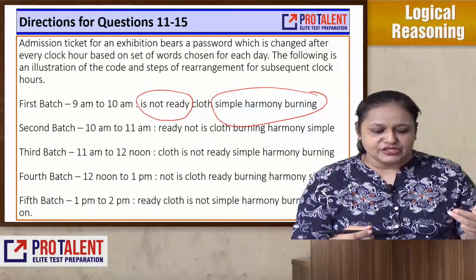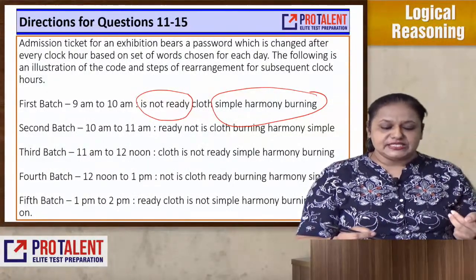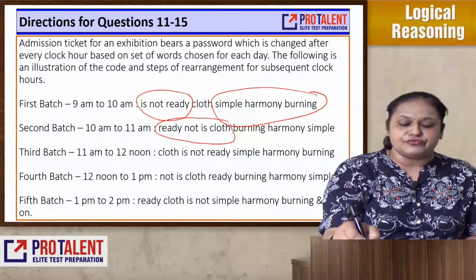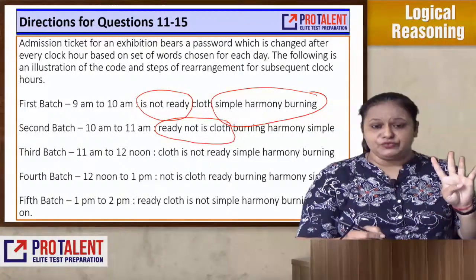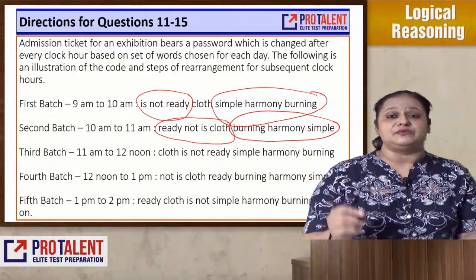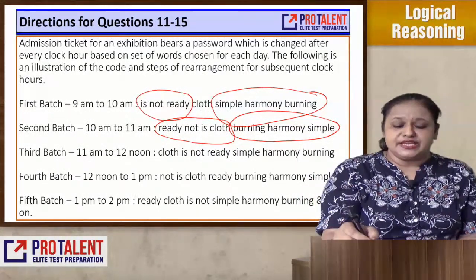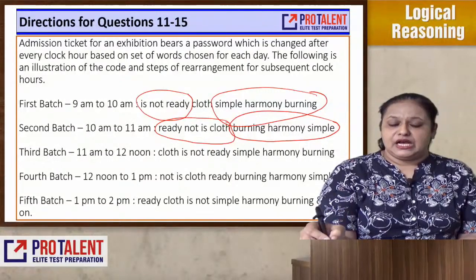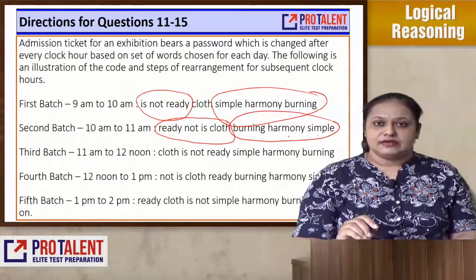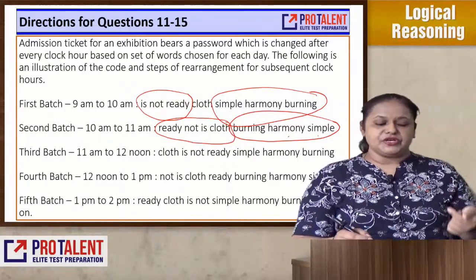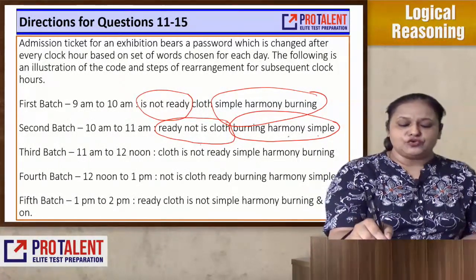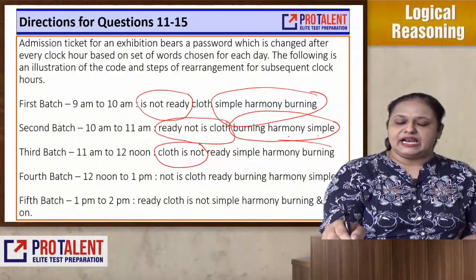Now from second batch to third batch, you can see that the first 4 words are reversed and the last 3 words are reversed, right. So now you can see cloth is not ready and simple harmony burning, clear, right. Then from third batch to fourth batch, again the logic gets repeated, that we come down to first 3 and last 3.